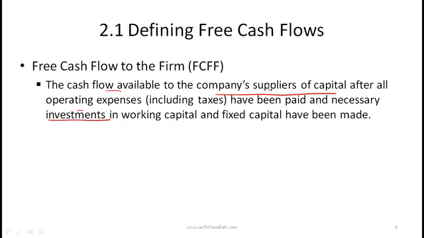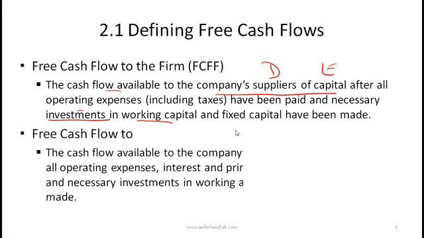So the points to highlight: suppliers of capital would be both the debt holders as well as the equity holders. So this is the money available to all of them, and after you have made your investments in working capital and fixed capital. So assuming that the company is on a track where it is going to keep growing.